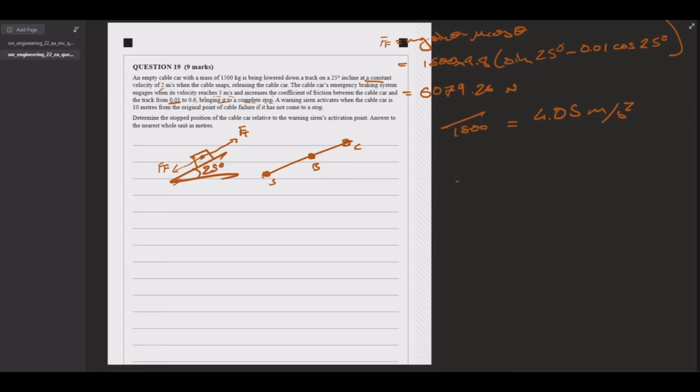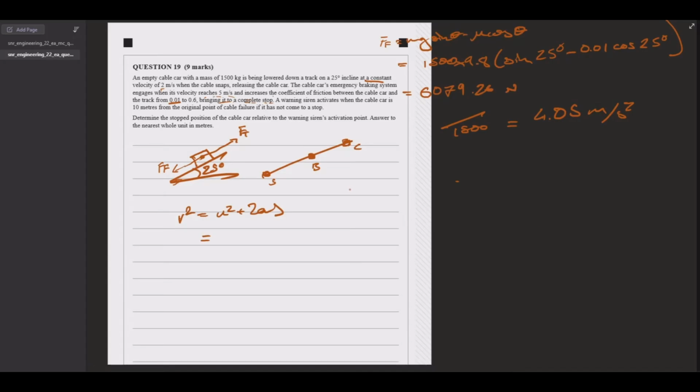So to find B, we know acceleration, and we know that the initial velocity is 2, and the final velocity is 5, so what we're really looking for is the formula V squared equals U squared plus 2AS. And so we're going to rearrange for displacement.